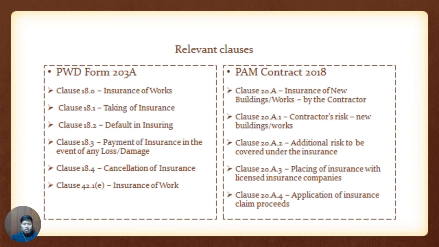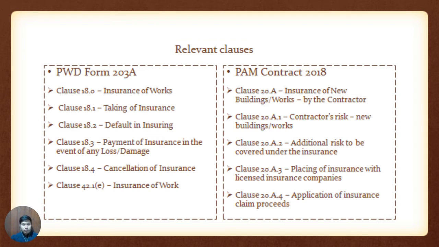These are the relevant clauses in PWD Form 203A. It consists of insurance of work, taking of insurance, default in insuring, payment of insurance in the event of any loss or damage, and cancellation of insurance.